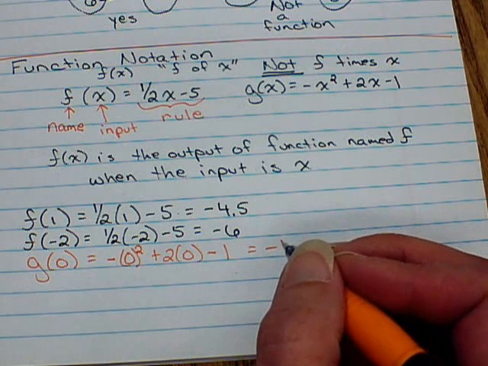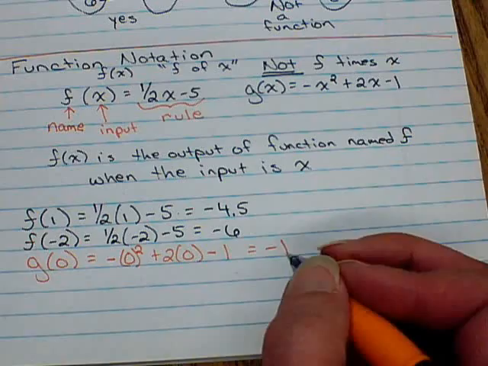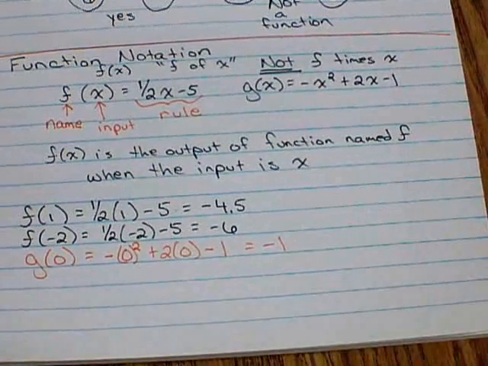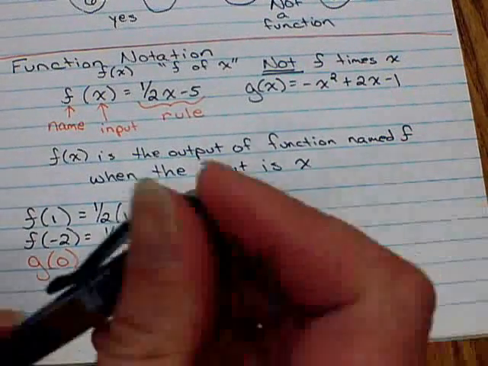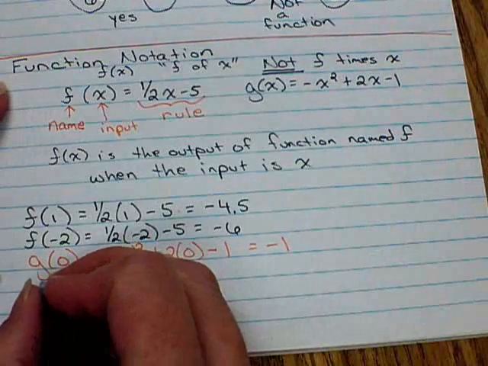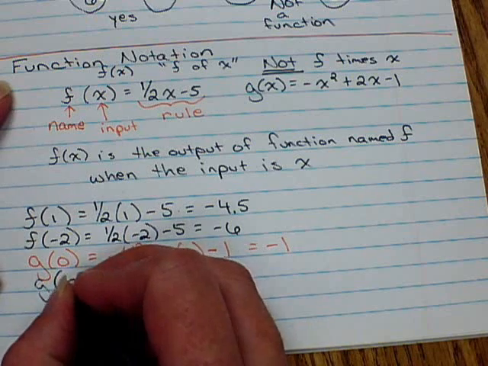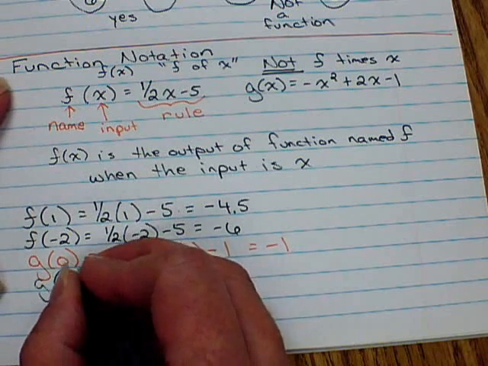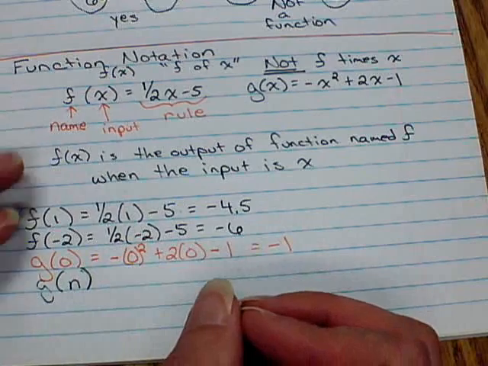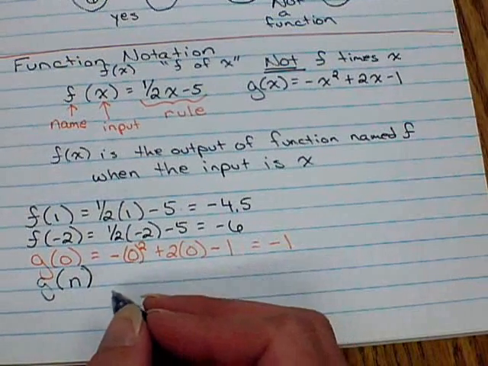Now what if, let's just go crazy here, they had asked for g of n. So they're asking what would be the output when the input is n.